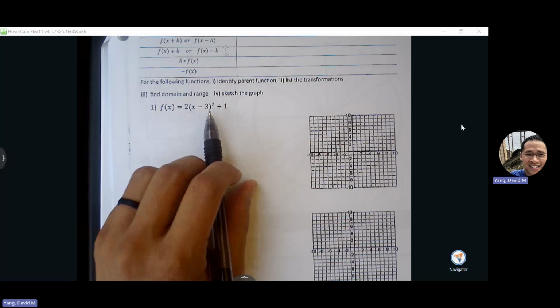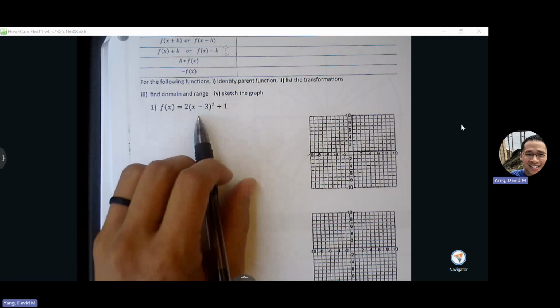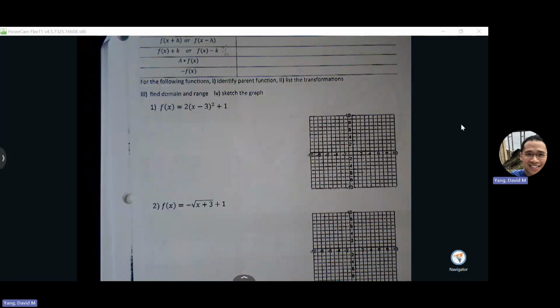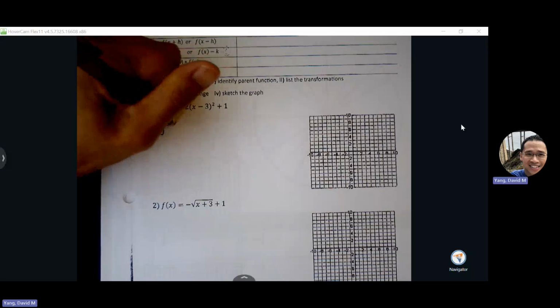So we know that f of x equals 2 times x minus 3 squared plus 1. This is really coming from a quadratic function, ultimately under the category of quadratics. So we know the parent graph is y equals x squared.